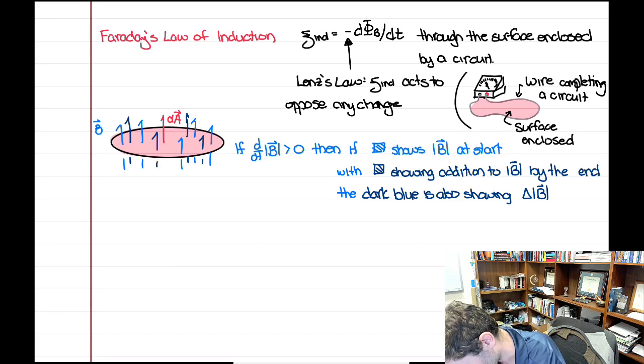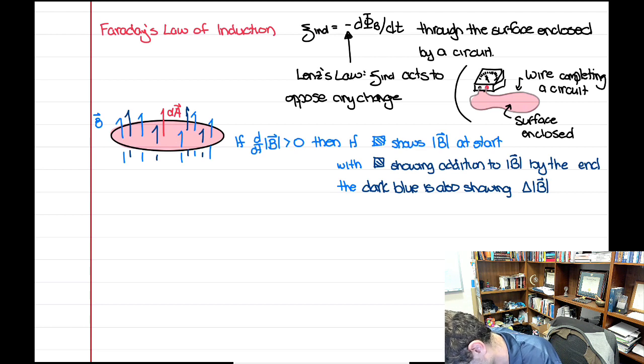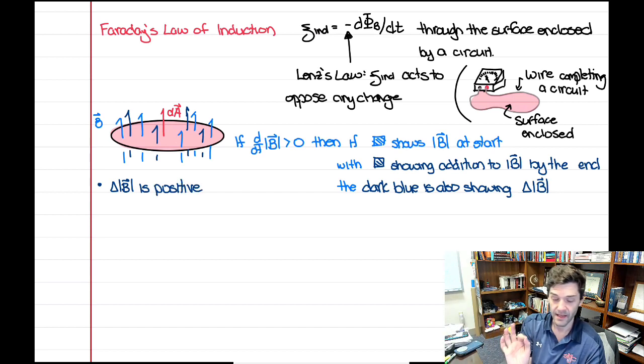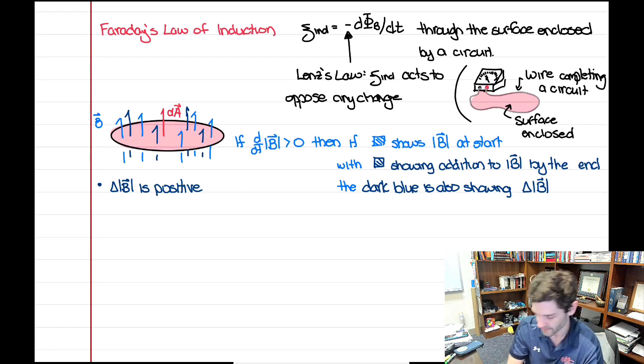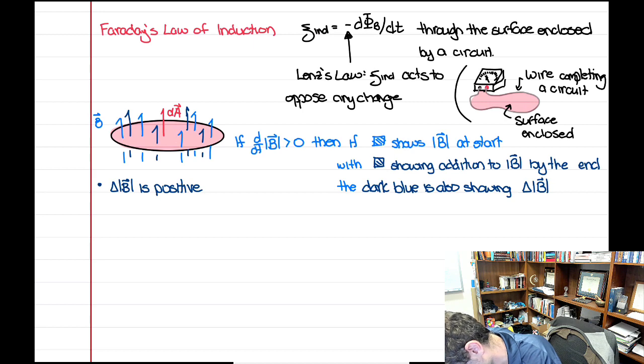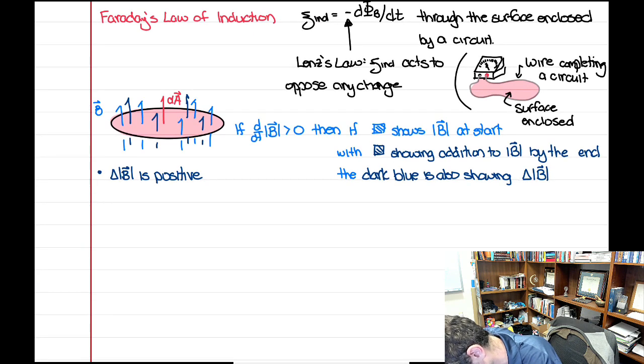So in this case, I would say that, if we stick with the dark blue, that the delta magnitude of B is positive, in that there are more magnetic field lines pointing near parallel to dA, which implies then that the magnetic flux is increasing.